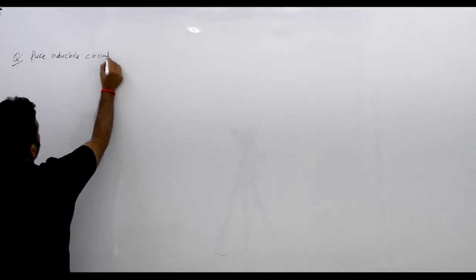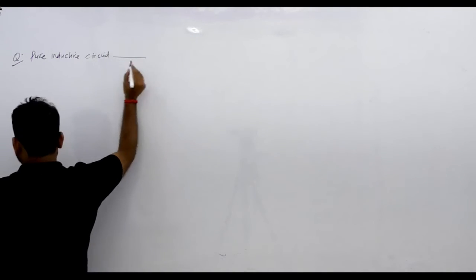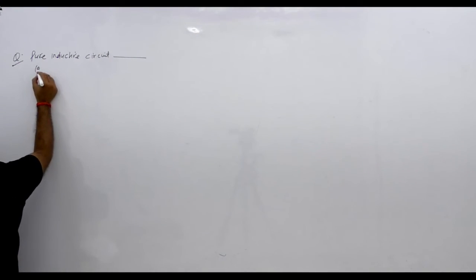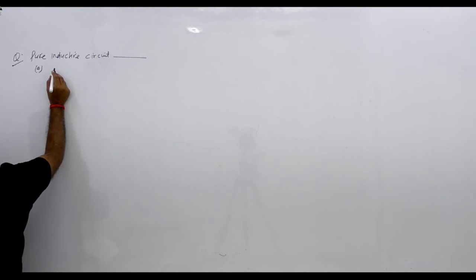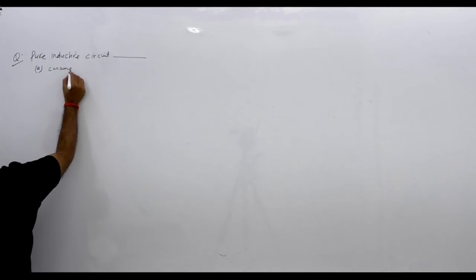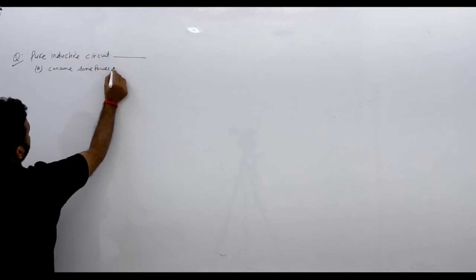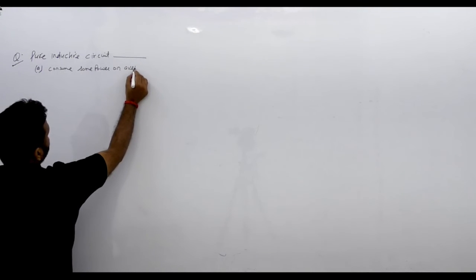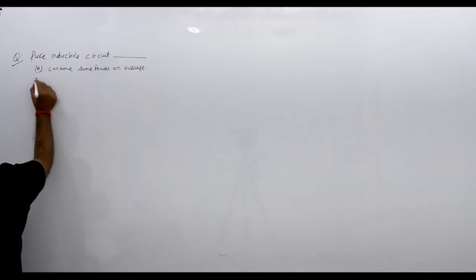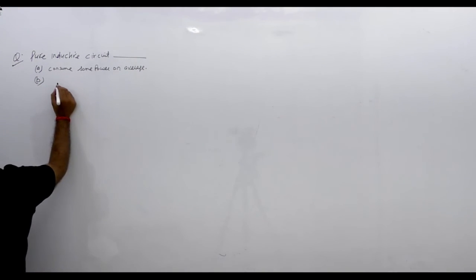Then we have fill in the blanks, and the first option is consume some power on average. Then next option जो है हमारा do not consume power.